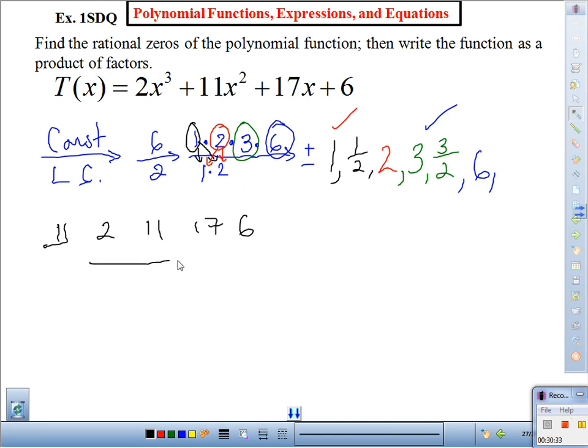Okay, so bring down the 2. 1 times 2 is 2. 11 combined with 2, that's 13. 1 times 13 is 13. Combined with 17, that's 30. 1 times 30 is 30. Combined with 6, that's 36. Is that a 0? No. Pass someone.